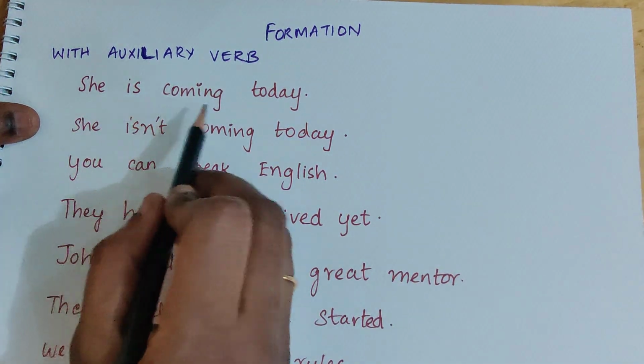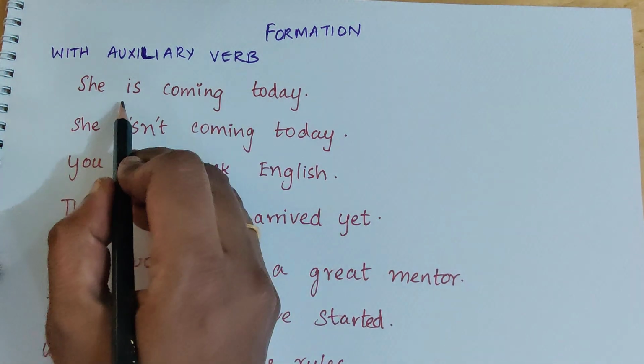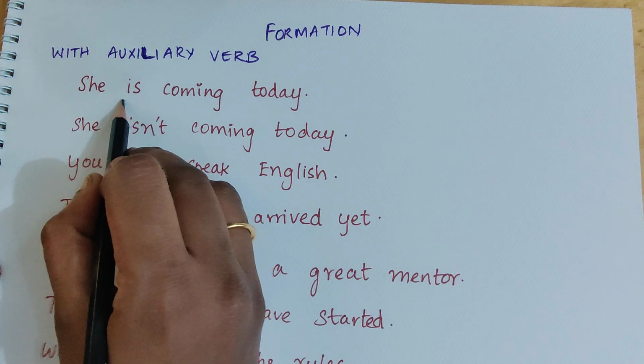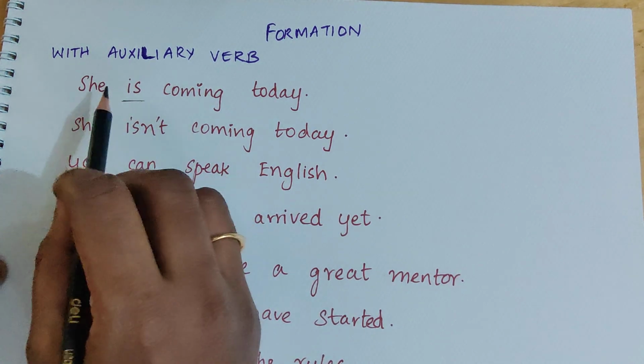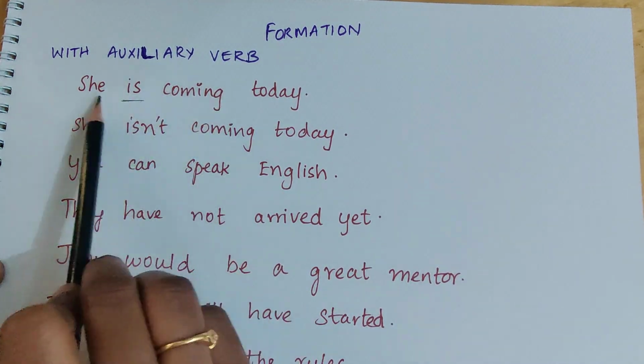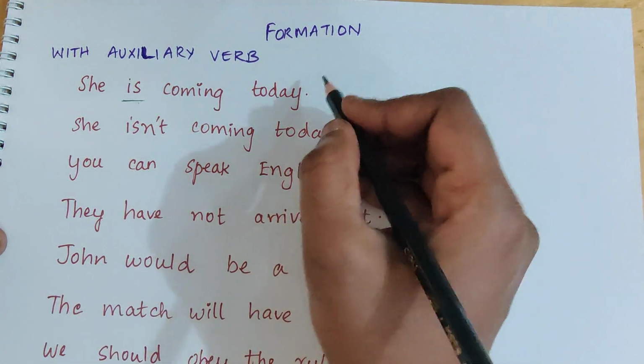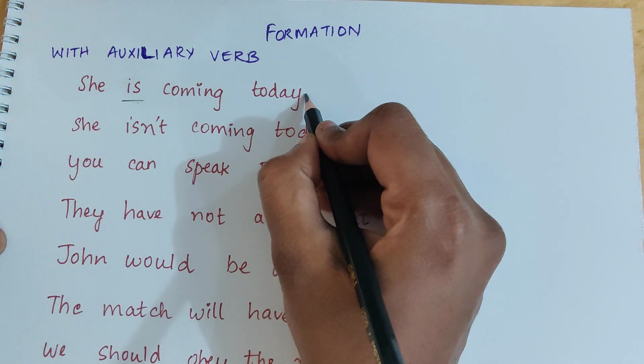See, she is coming today. So what is the first step? First step is to identify the auxiliary verb. Here it is "is". Next step is to find whether the statement is positive or negative. Here there is no negative word, so it is a positive statement. If it is a positive statement, the tag will be negative.